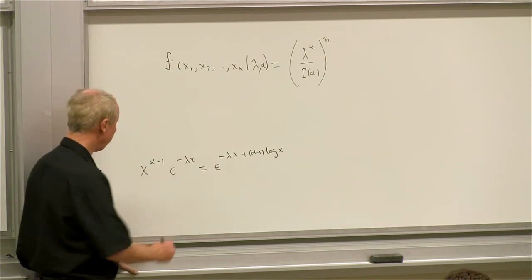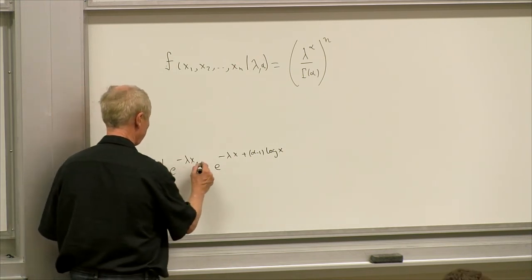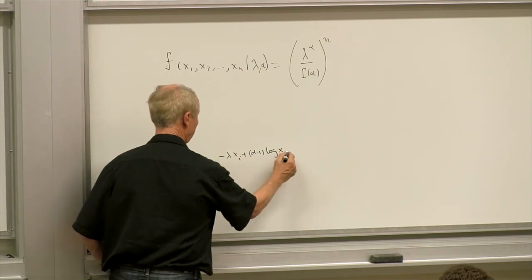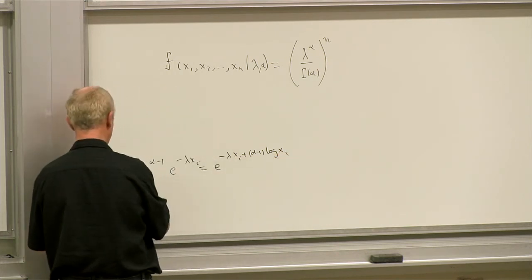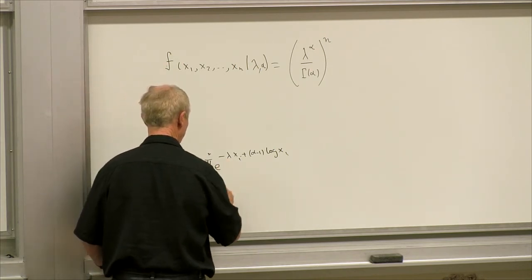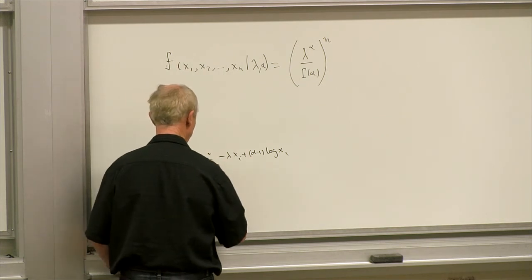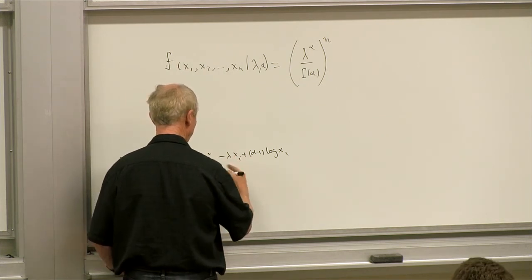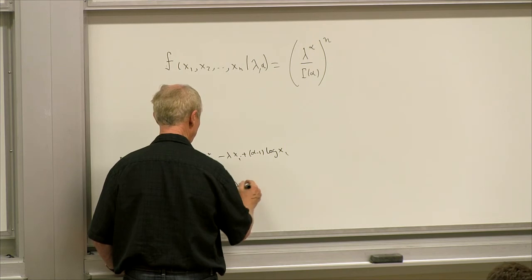And if I evaluate this now at xi, and take the product of this, products of exponentials, when I take products, it's the same as taking sums in the exponent.